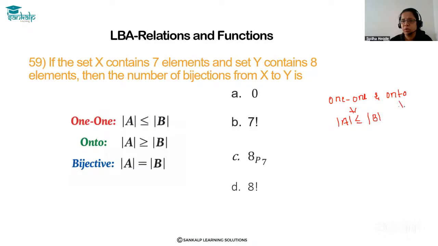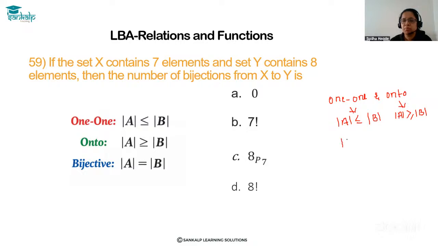But for onto, the reverse case. Number of elements in domain must be greater than or equal to number of elements in codomain. So to be bijective, both one-one and onto should be satisfied.